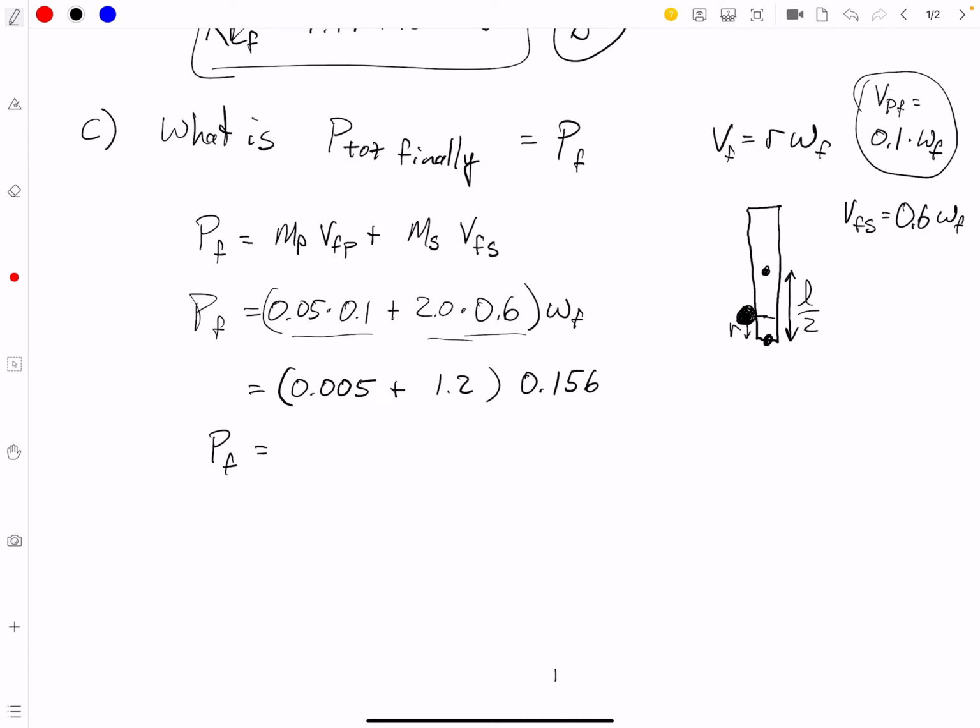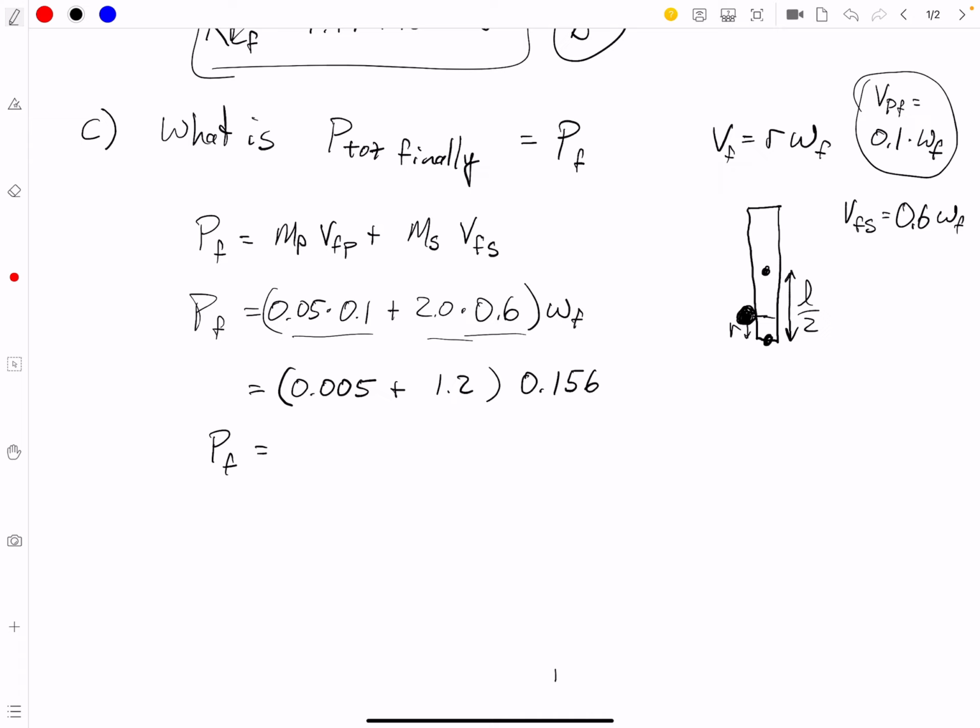So our final, here I go, I'm going to do a little mathematics. 0.005, enter, 1.2 plus, oh man, not times, it's adding, 1.2 plus, and then now we're going to multiply with 0.156.